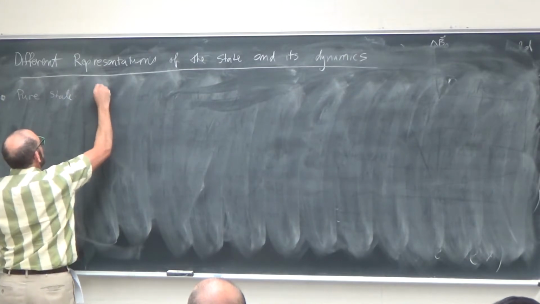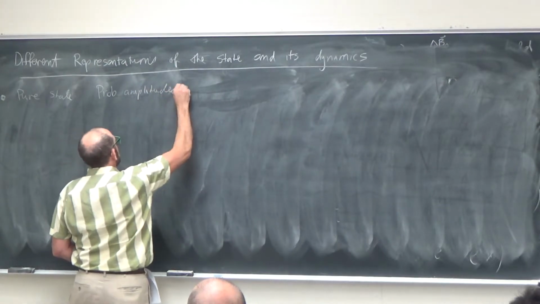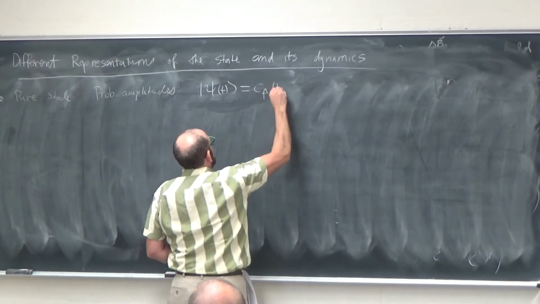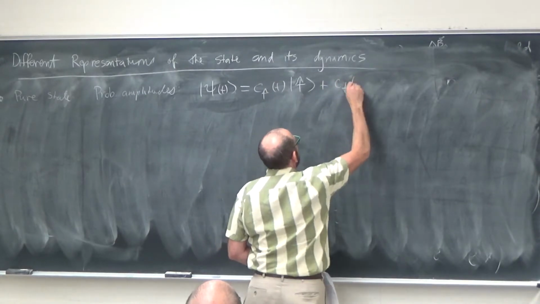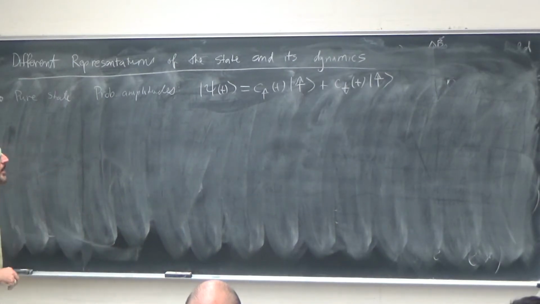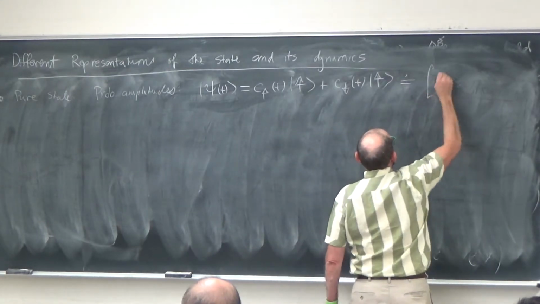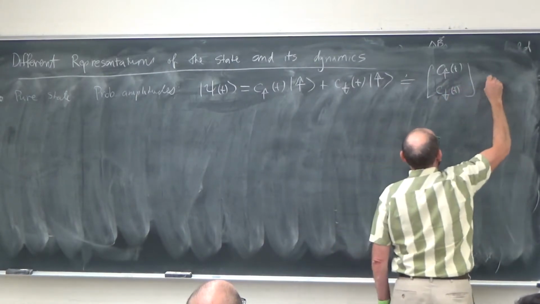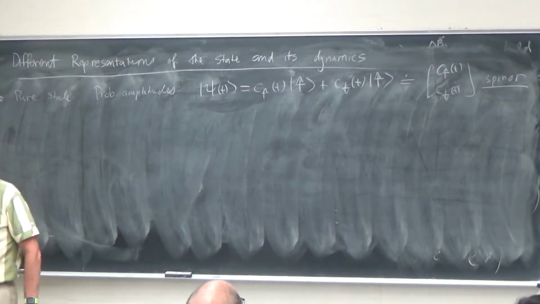We have probability amplitudes. We can write the state, and if I don't put a label on it, I mean the standard basis, which is the Z. So I might represent the state in this basis as what's sometimes known as a spinor. It's an old-fashioned language, but it's what Pauli called it.